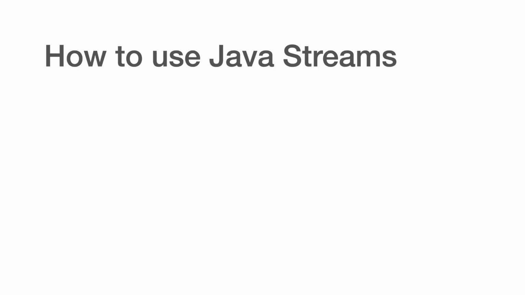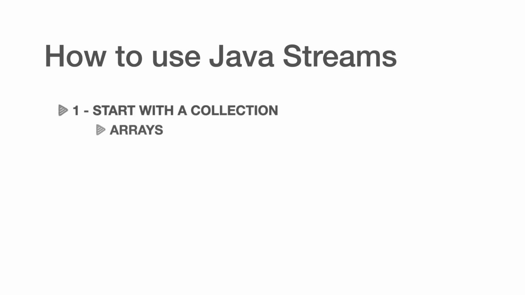So you know what a stream is, but how do we exactly use a stream? Let me help you to visualize, and hopefully this will make sense. To use a stream, we need to start with a collection. This could be arrays, sets, lists, maps, and other implementations.